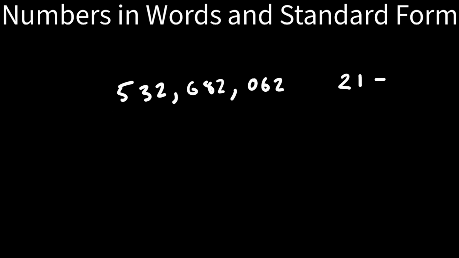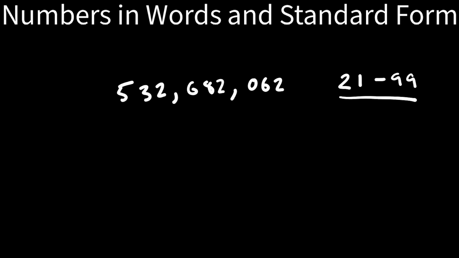Now let's take a large number. Let's say 532,682,062. So given this large number, let's write 21 to 99 just for reference to the side here.